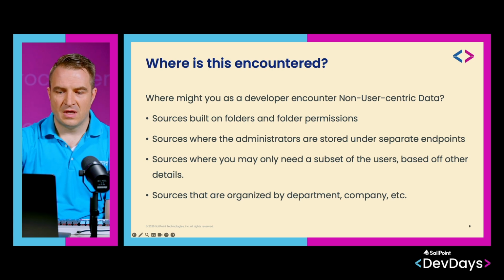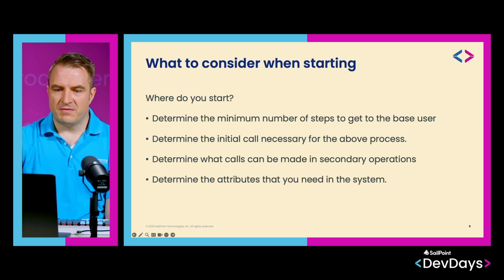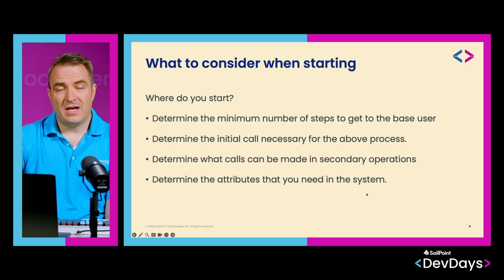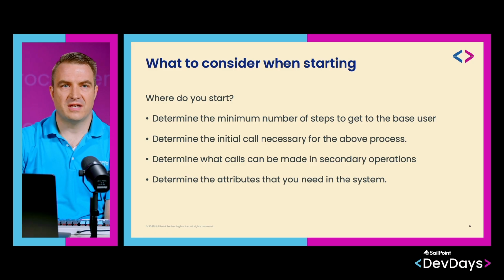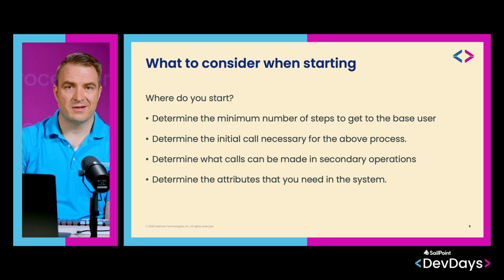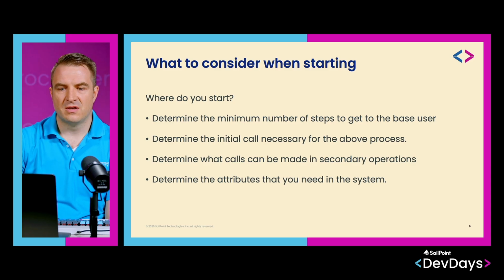So going on from there, how would you start when you encounter this? You've determined that, okay, this system needs to start from something other than the user objects. So first thing I did, and I recommend, is to start with figuring out what are the steps or the API calls that you need to make to get from your starting point to your user objects.